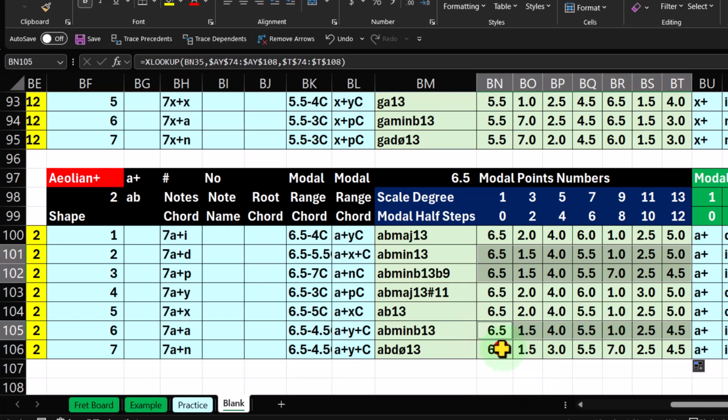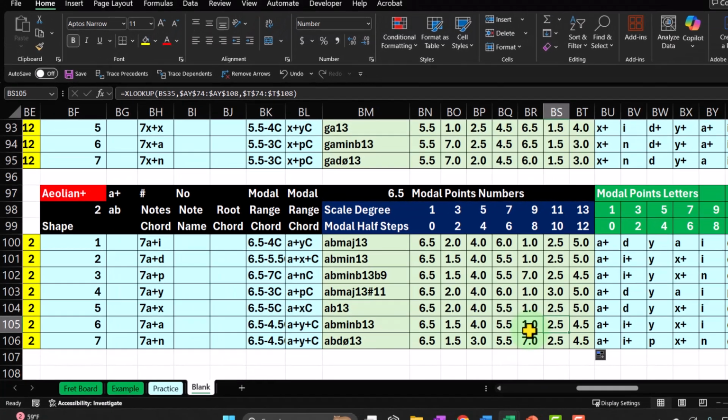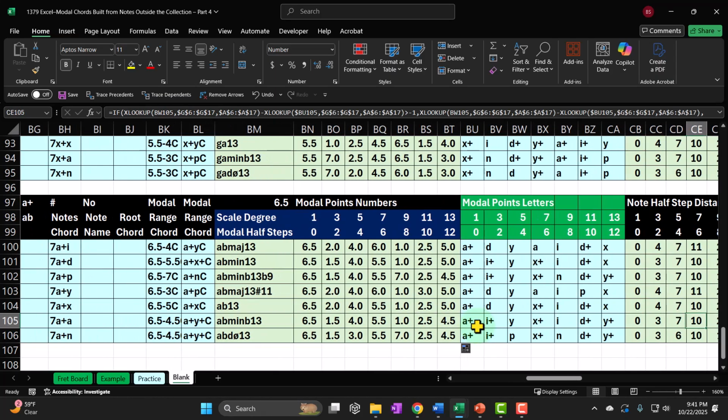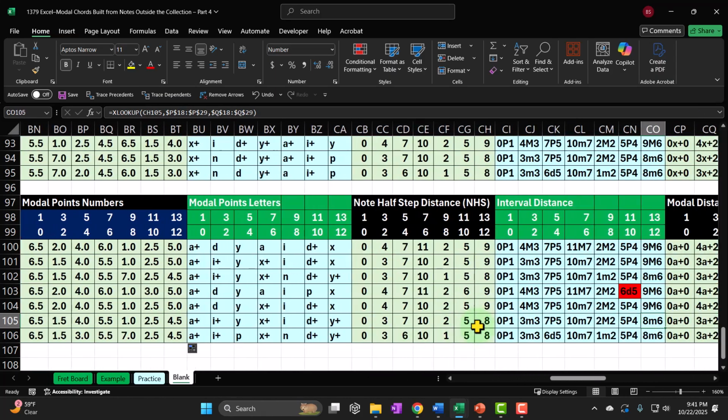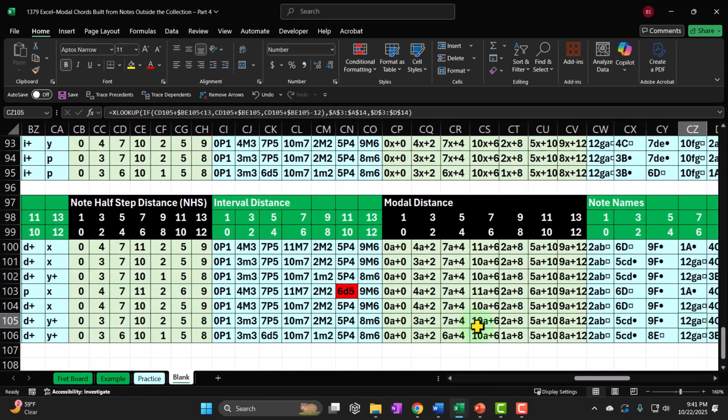All right, and then the Locrian is going to be different than the Aeolian in that it's got the flat 5, 4th modal half step, 5th scale degree, and it has a minor 8th modal half step or 9th scale degree as well, similar to the Phrygian on that one. All right, everything else I think is MUI B to the N should populate automatically.